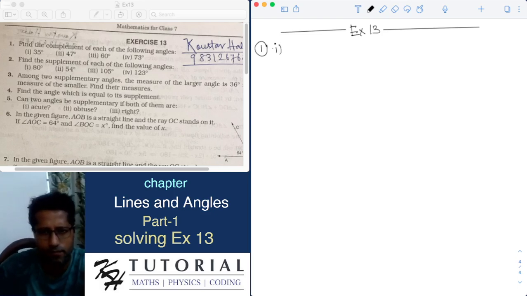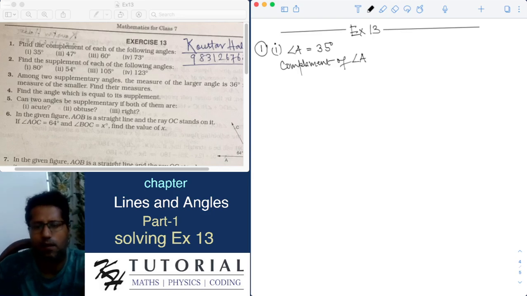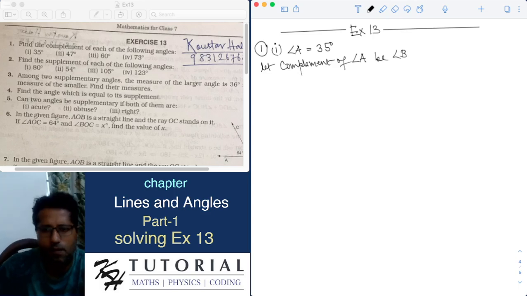So let's say the given angle A is 35 degrees, and let's say the complement of angle A be angle B. Since the angles are complementary, their addition should be equal to 90 degrees. So we must have angle A plus angle B equals 90 degrees.